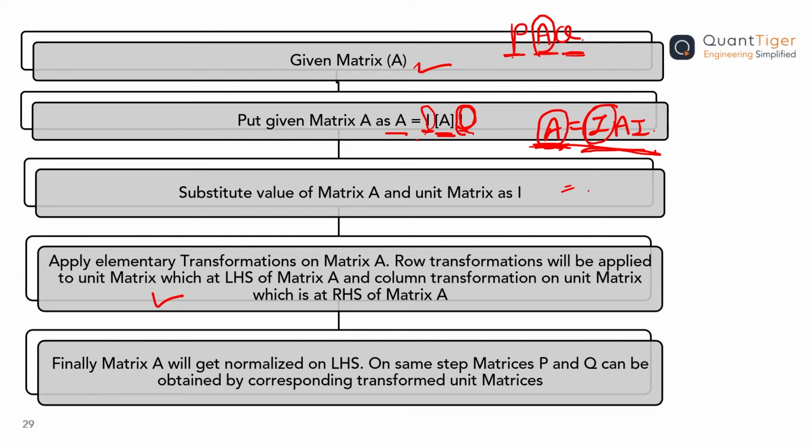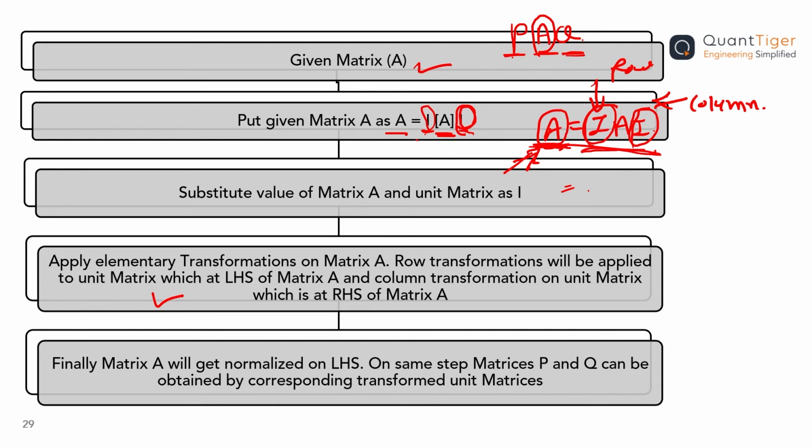So whatever column transformation you will be applying on this A matrix to convert into normal form, सिर्फ column transformation जो लगेंगे वो इस diagonal matrix पे लगेंगे जो कि last में हमने लिखा है. So that you have to remember. इसके ऊपर सारे row transformations लगेंगे, इसके ऊपर सारे column transformations लगेंगे. That is the important thing which you have to remember.